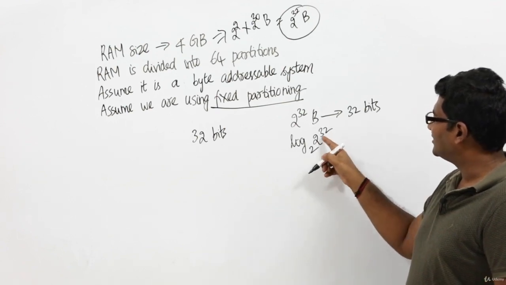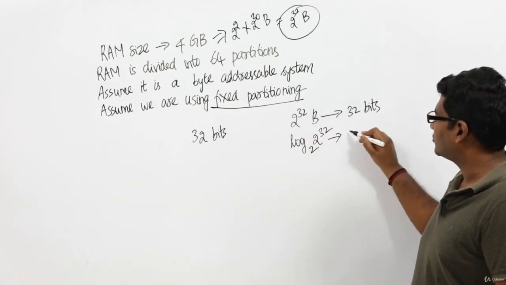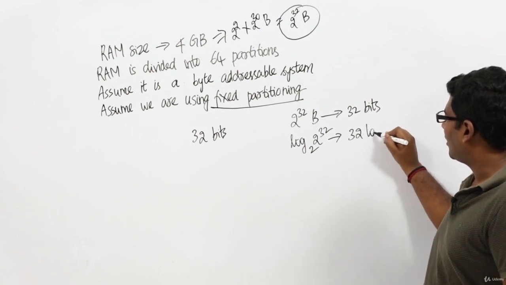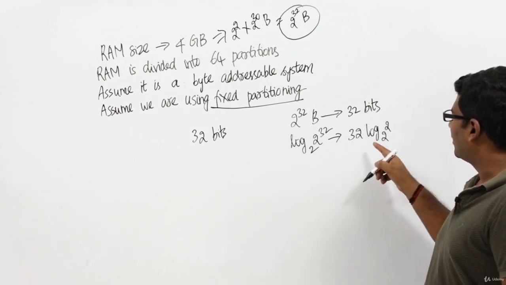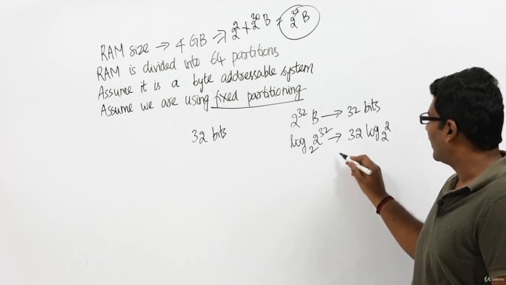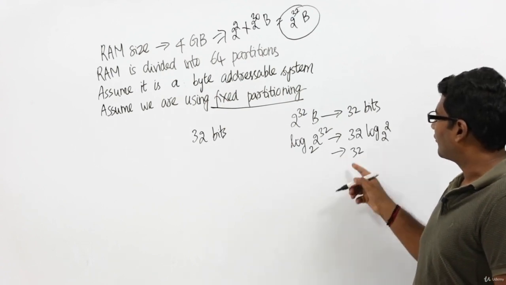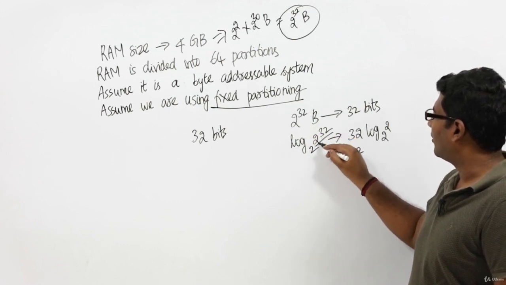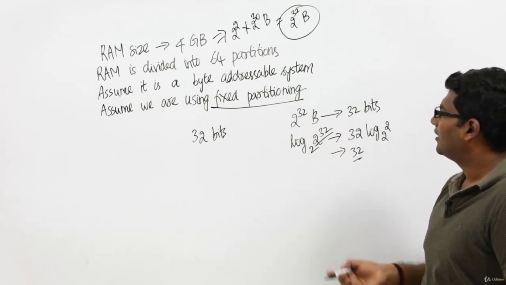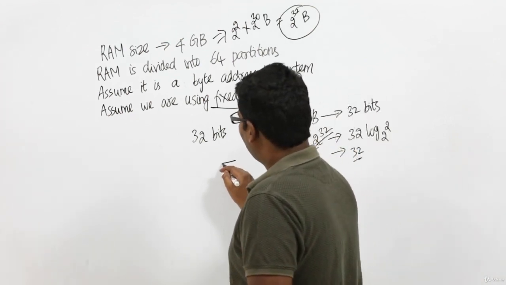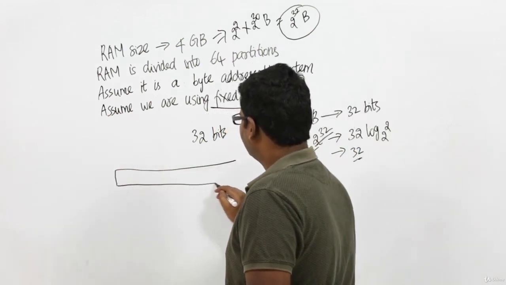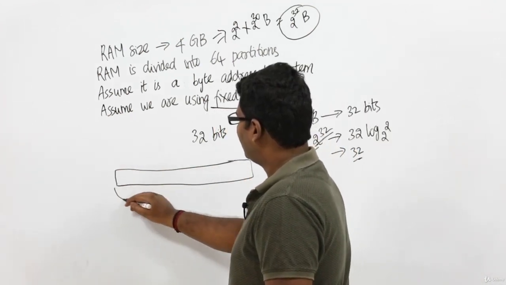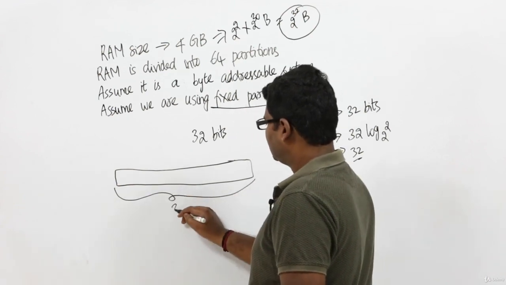Now this 32 can come here, so 32 into log 2 base 2. Log 2 base 2 is nothing but 1, so I get 32. From this I got that in order to address 2 power 32 bytes, I need exactly 32 bits, and so our address will have a length of 32 bits, the total address.